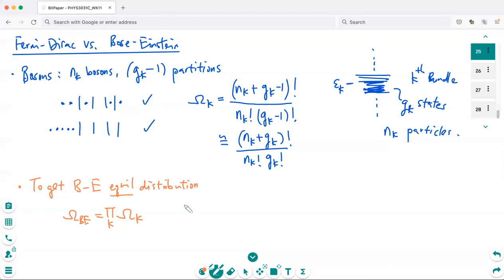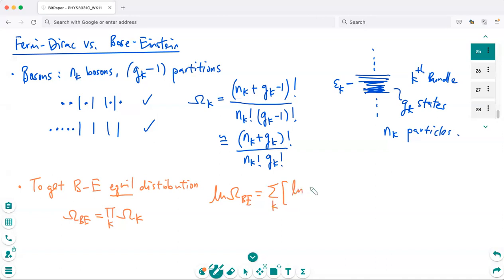All right, so come back to here. Then I take the log of this. This is the quantity I want to maximize. So I take the log of the product, and this gives me the sum. Sum of what?